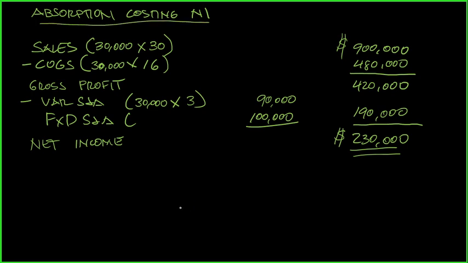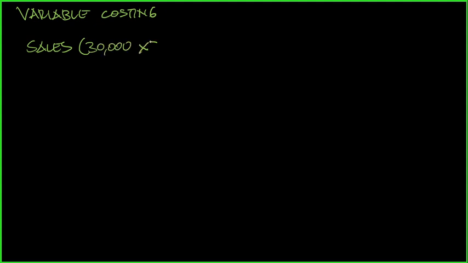Okay. Now, let's compute for the variable costing net income naman. Kunyari, sinasabayan mo ako. Pwede mo rin akong unahan. Variable costing. Paano na? We start with your sales. Okay, they have the same sales. Pero sige na nga, I'm going to write it down. 30,000 times 30 per unit. So, your sales is now 900,000 pesos.